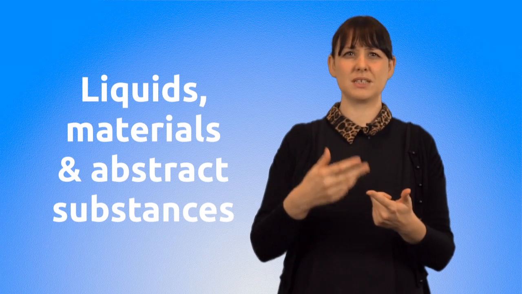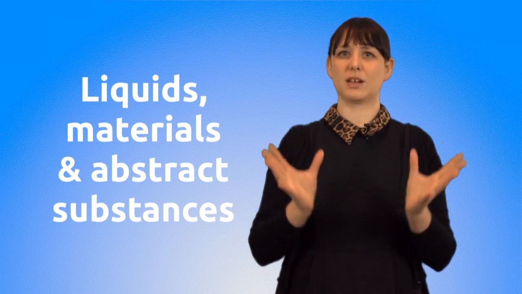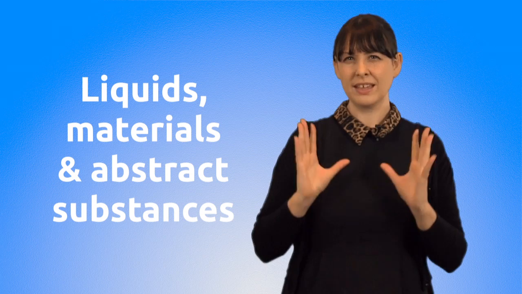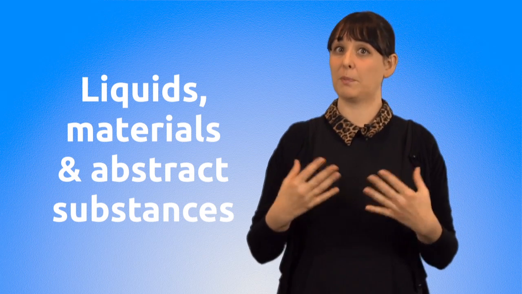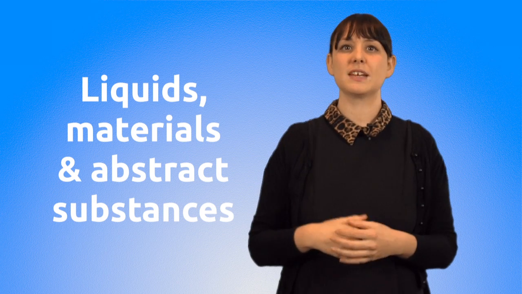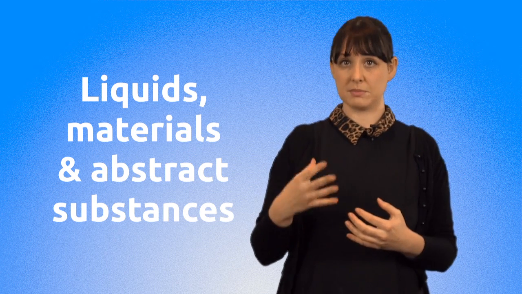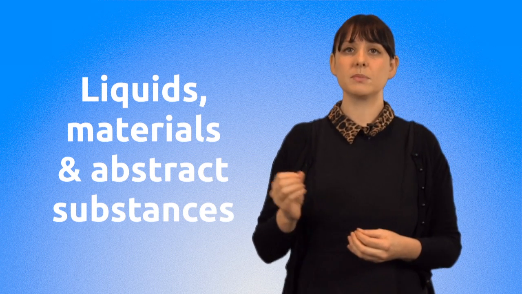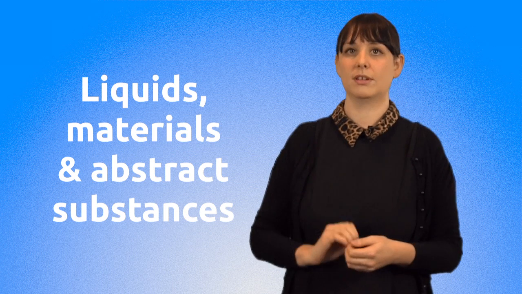Traditionally, nouns which describe liquids, materials, and more abstract substances are uncountable. This seems easy enough on paper, but students at every level make mistakes with them. Let's have a look at some of the common mistakes students at your level make.